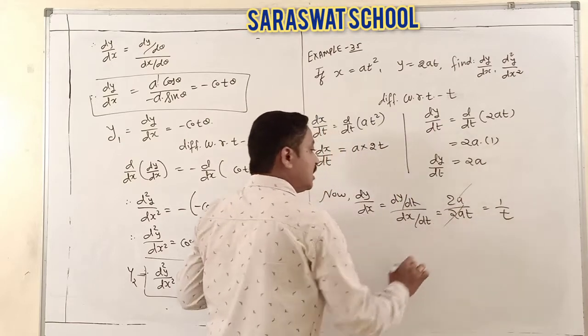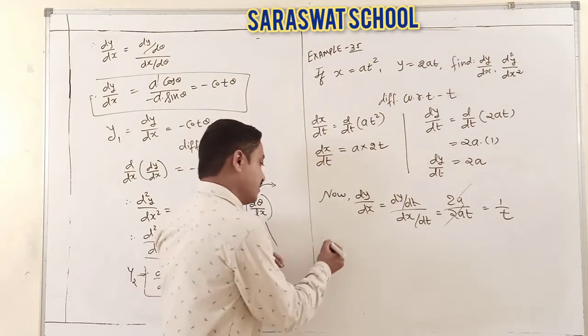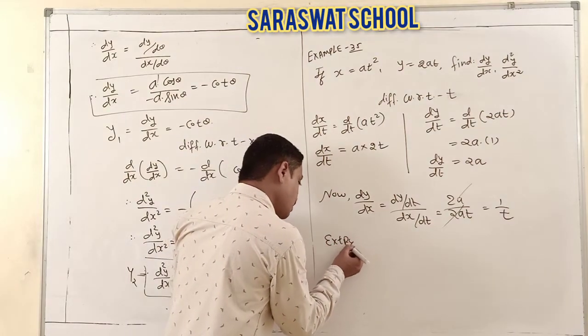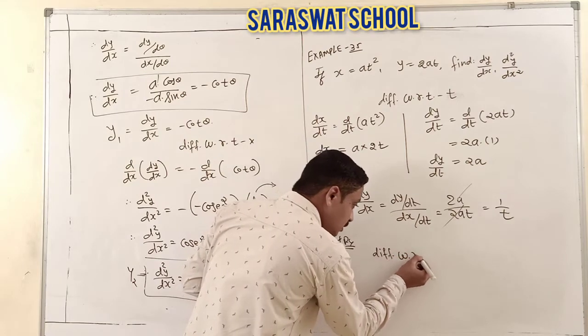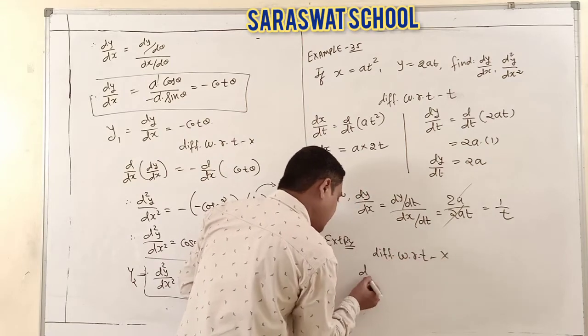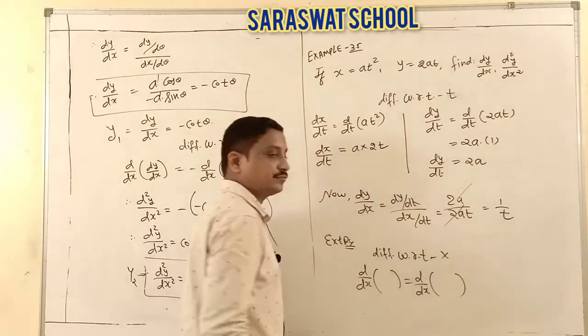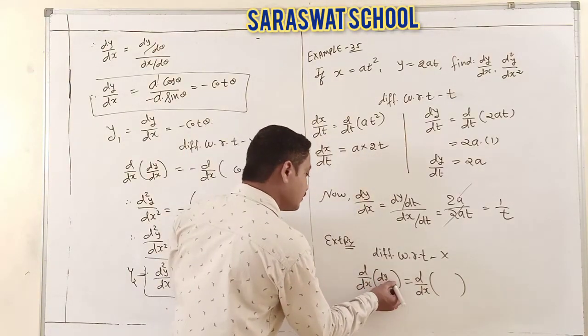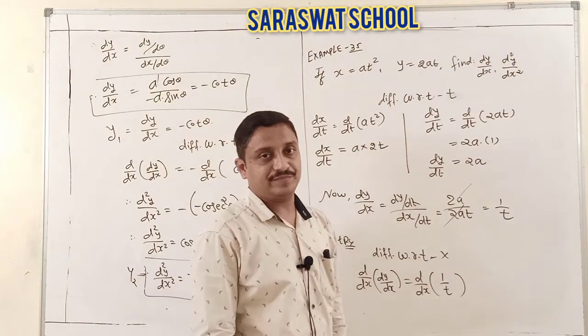Here students, our textbook numerical is done. But now I go to the extra: find the second order derivative. Differentiation with respect to x, d by dx of dy by dx, which is 1 by t.